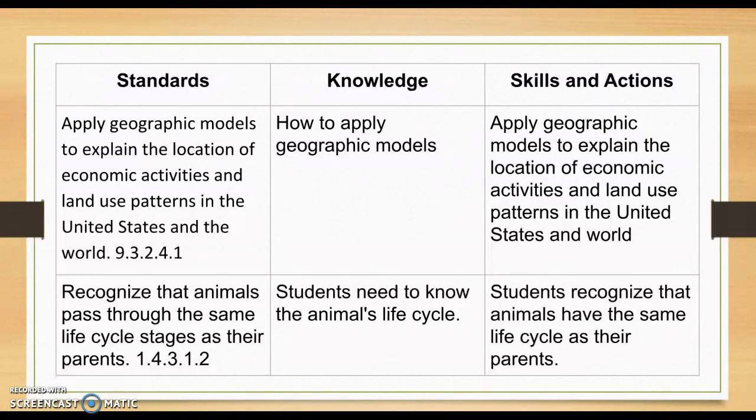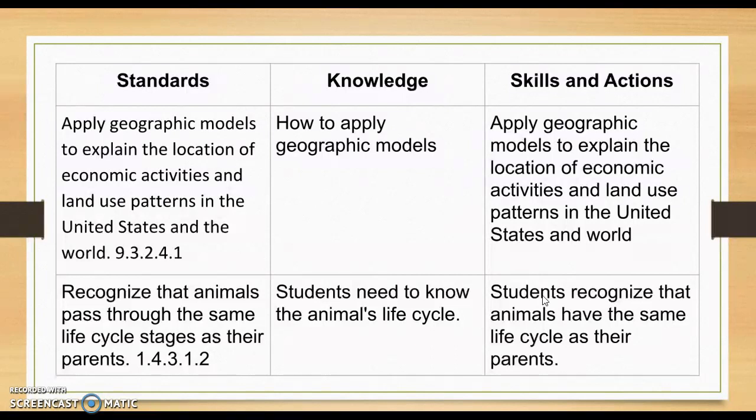I just wanted to give you some examples. These are examples from teachers in our school district that worked on this previous year. This is what their standards were, and this is how they broke it down, showing the knowledge and then the skills and actions that are required of that standard.